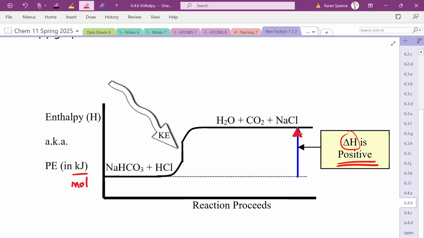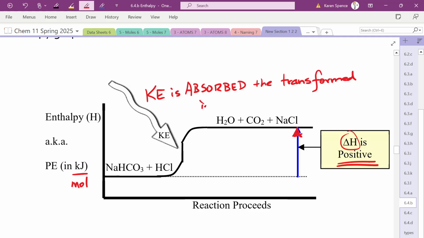Kinetic energy is absorbed, then transformed into potential energy.